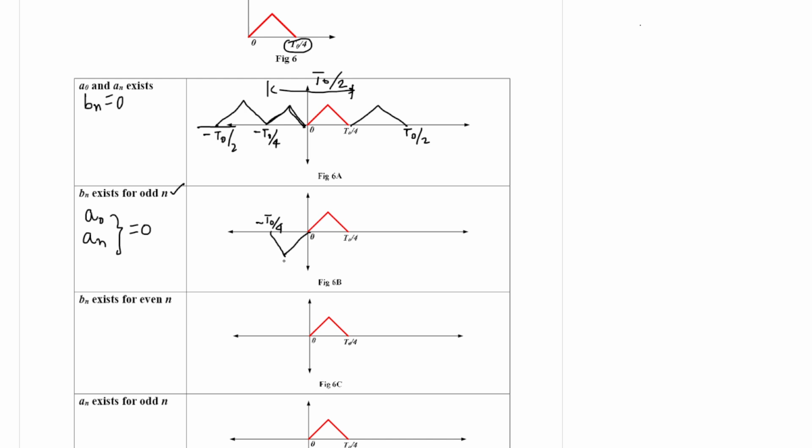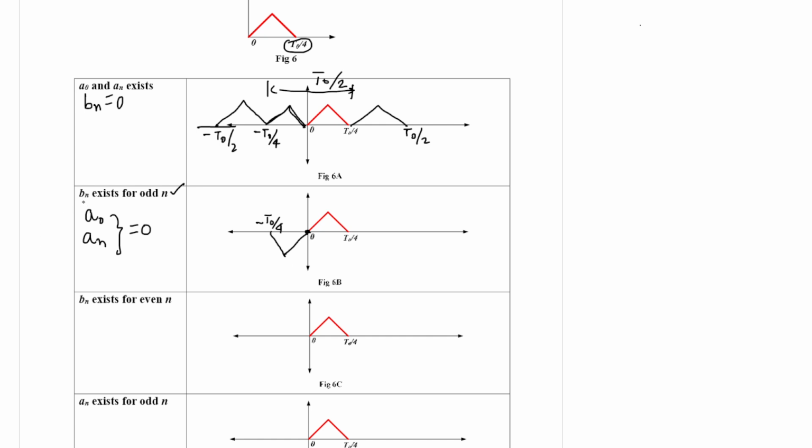So you see Bn existing means it is an odd function. An odd function, you know, is symmetrical about the origin. So for this type of function A0 and An cannot exist, so that is clear, because it is an odd function.